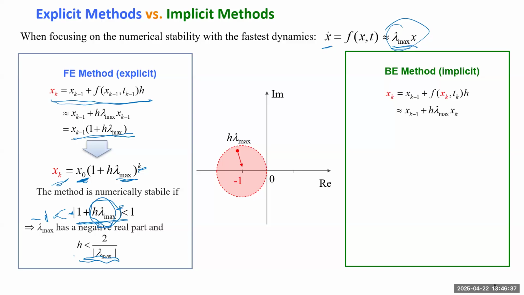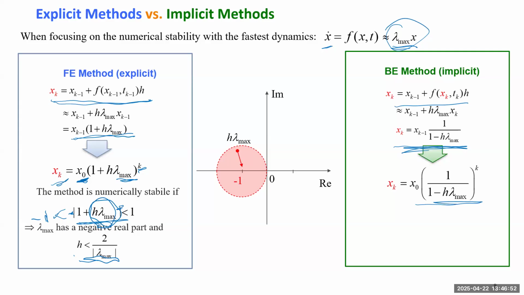For the backward Euler method, it will be based on this formula. We follow a similar process and get a formula to predict S_k from the previous state. Then, starting from the initial state, we also have an exponential function. But now you see lambda and h appear in the denominator, not the numerator. That changes the numerical stability.